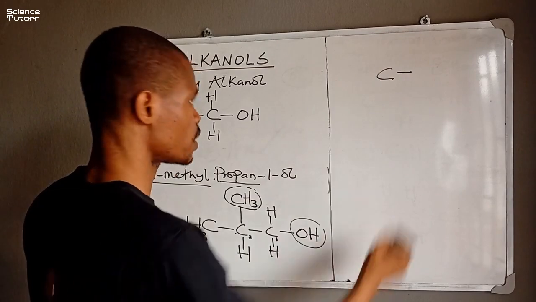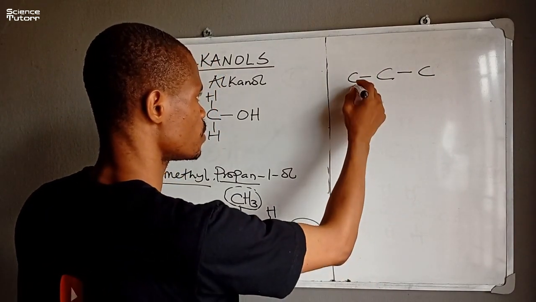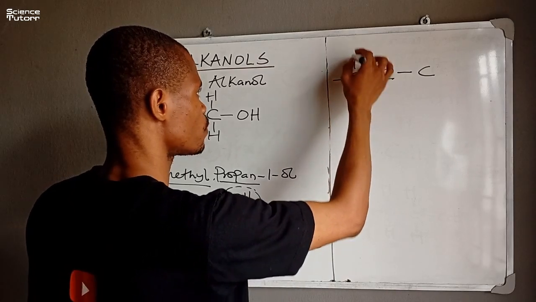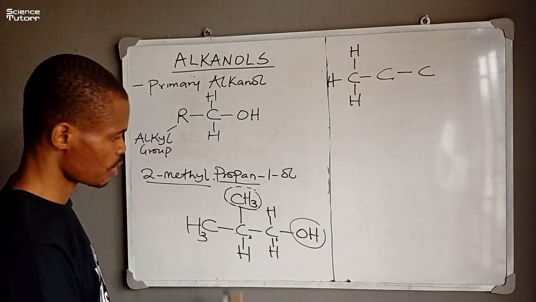In a more complex form, we have 1, 2, 3, three carbon atoms. So 1, 2, 3 for hydrogen. That is CH3 from here.